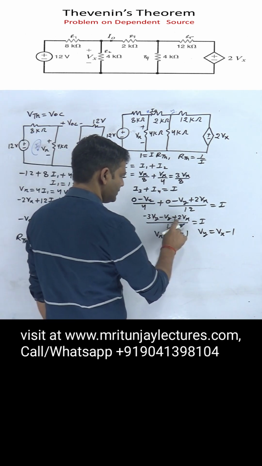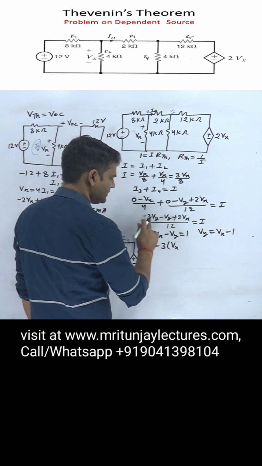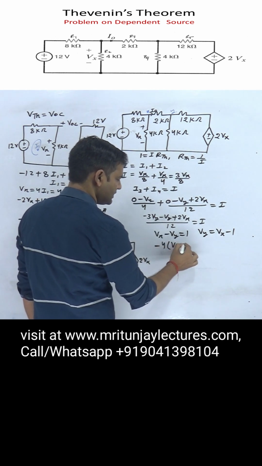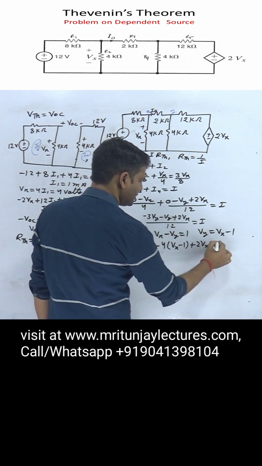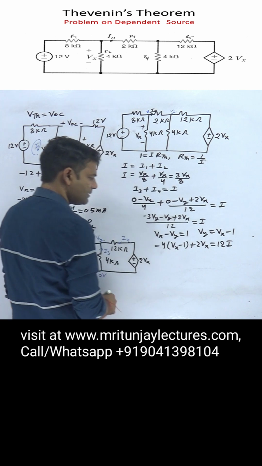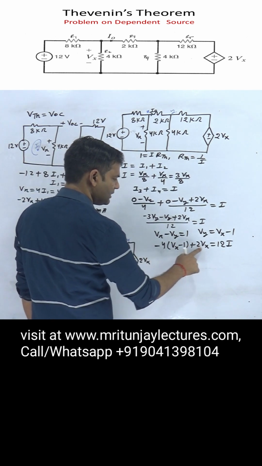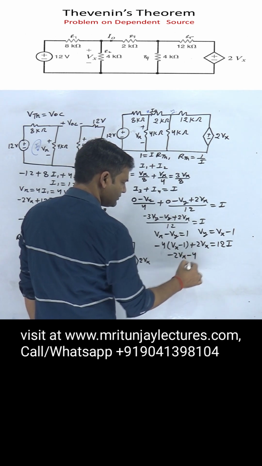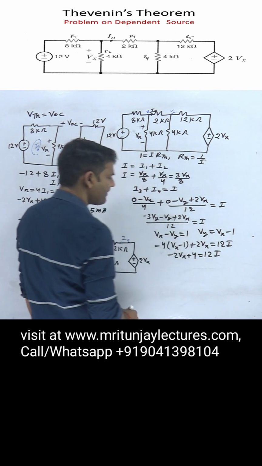Now if we put this value here, then we get minus 3 Vx, that is minus 4 Vx minus 1 plus 2 Vx, equals 12I. So minus 2 Vx, and minus 4 becomes plus 4, equals 12I.